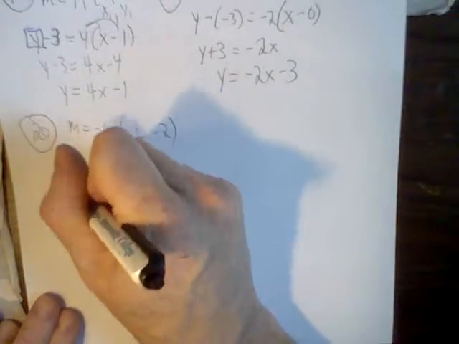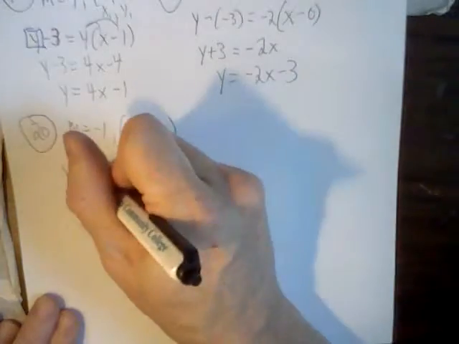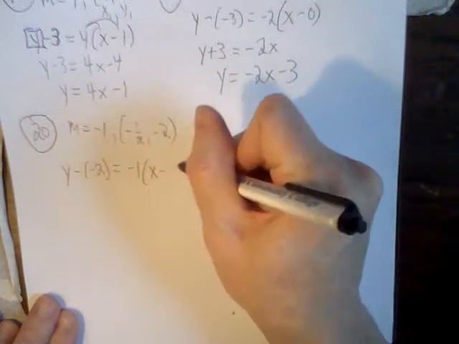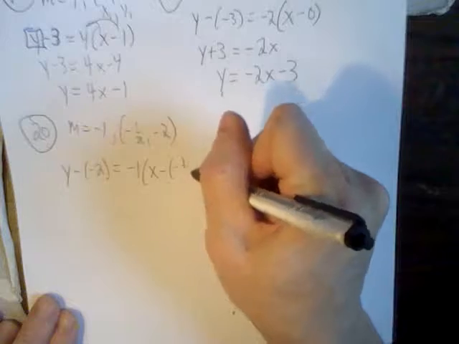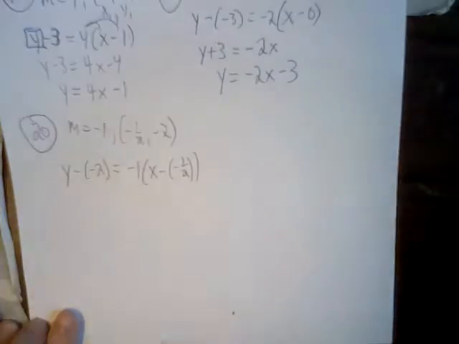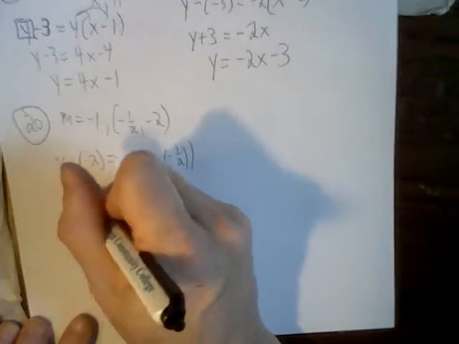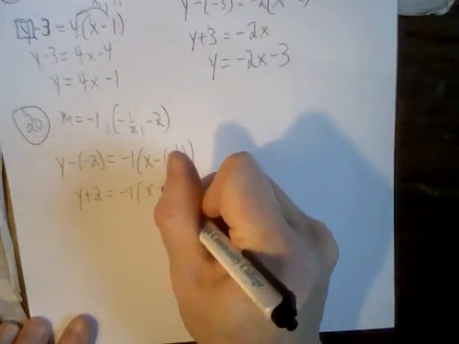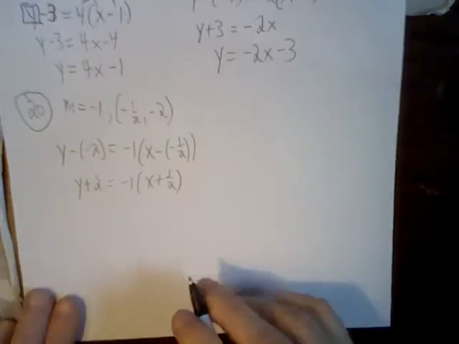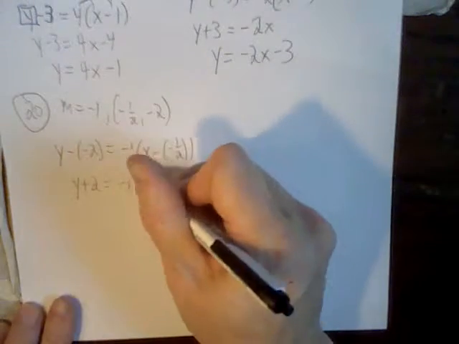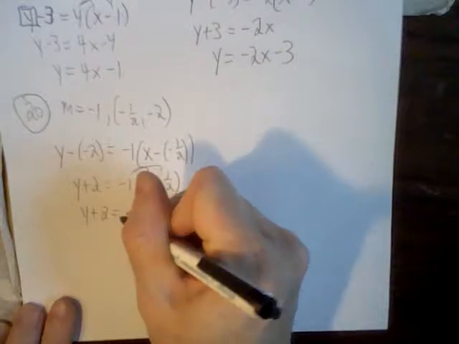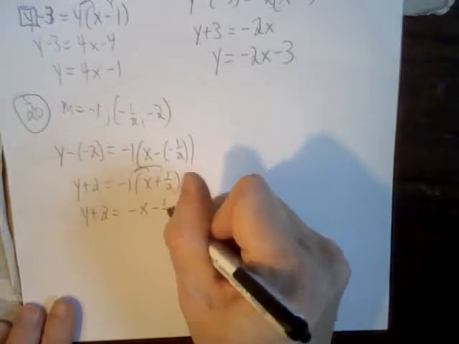So we have y minus y1, which is negative 2, equals the slope times x minus our x1, which is negative 1/2. Clean it up, so you have y plus 2 is negative 1 times x plus 1/2. Then we're going to distribute the negative 1. So I have y plus 2 is negative x minus 1/2.